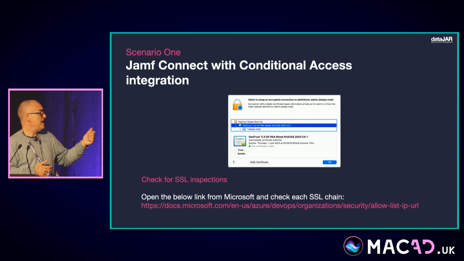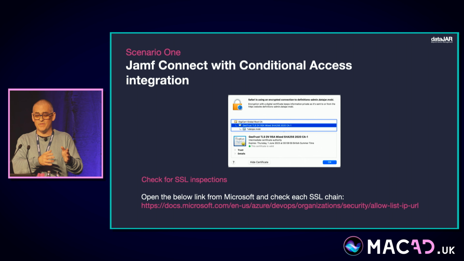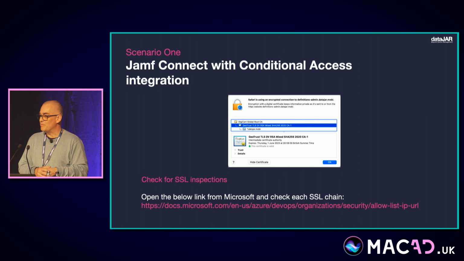And with SSL inspection doing a man in the middle, effectively Microsoft goes, you're not coming in. And the weird thing is, on a PC, it lets you in. On a Mac, it doesn't let you in. So you then get an escalated call that says, I've got an entire team of Mac users who can't log in, but everyone else can. And it's like, well, what do you do there?